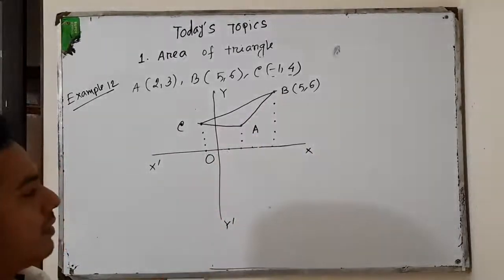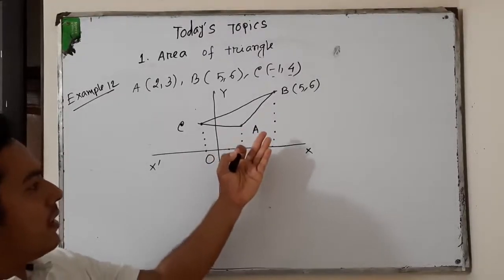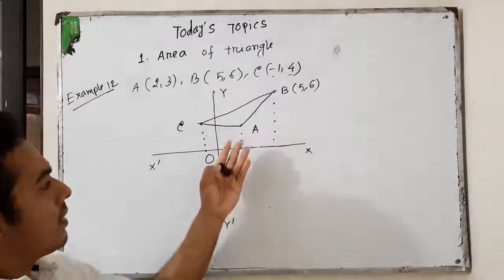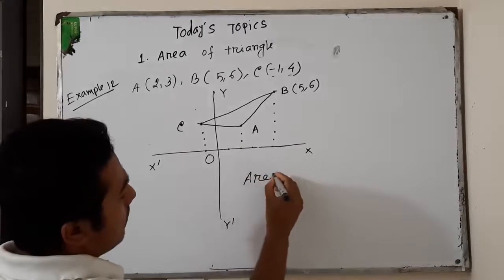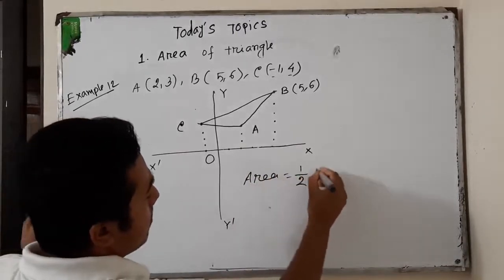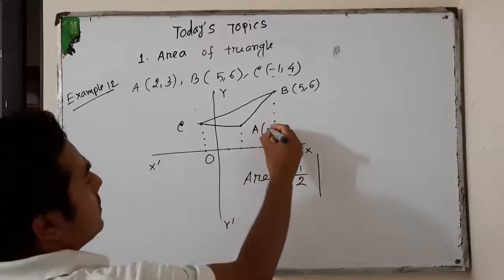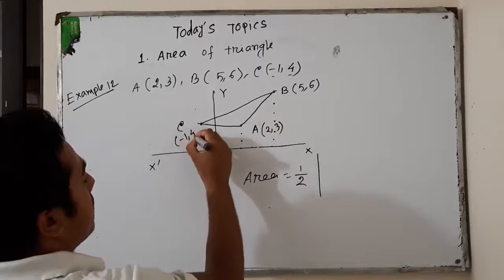Now we can say what the vertices in anti-clockwise order are. If we consider this anti-clockwise, then the area is equal to half of the following. Point A is 2, 3, B is 5, 6, C is minus 1, 4.